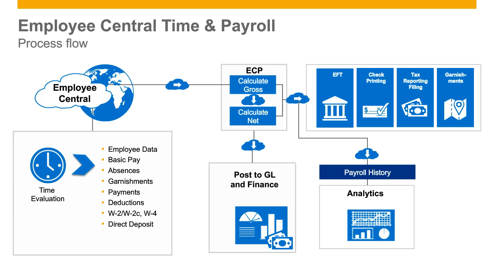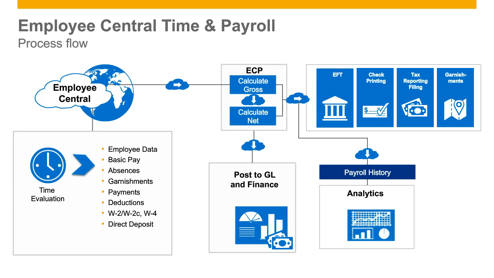The next step, after the data comes over from the different areas, is calculating the gross to net calculation. The next step then begins the post-payroll processes. The post-payroll processes include the direct deposit file, so updating the banks for direct deposit, and cutting checks.